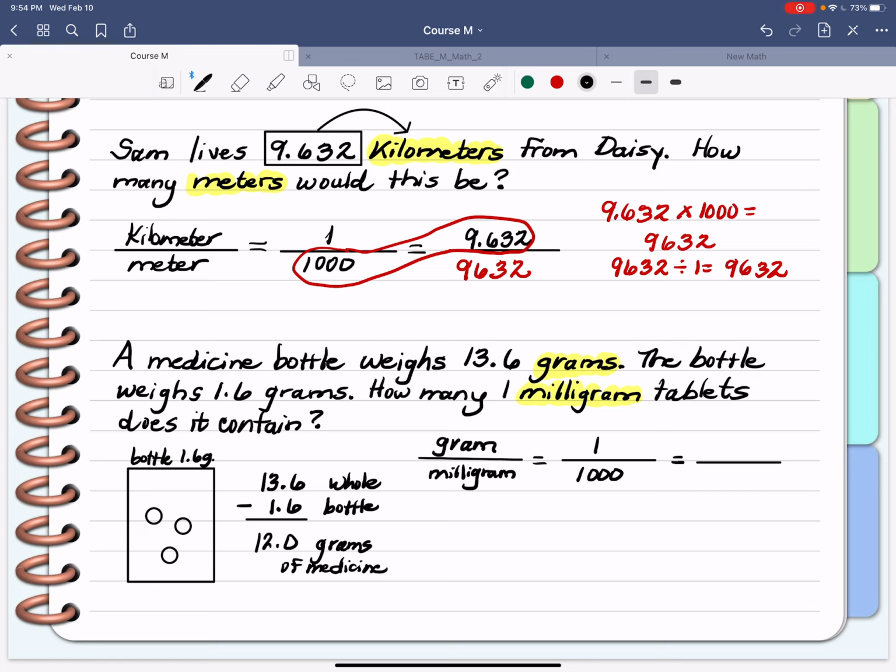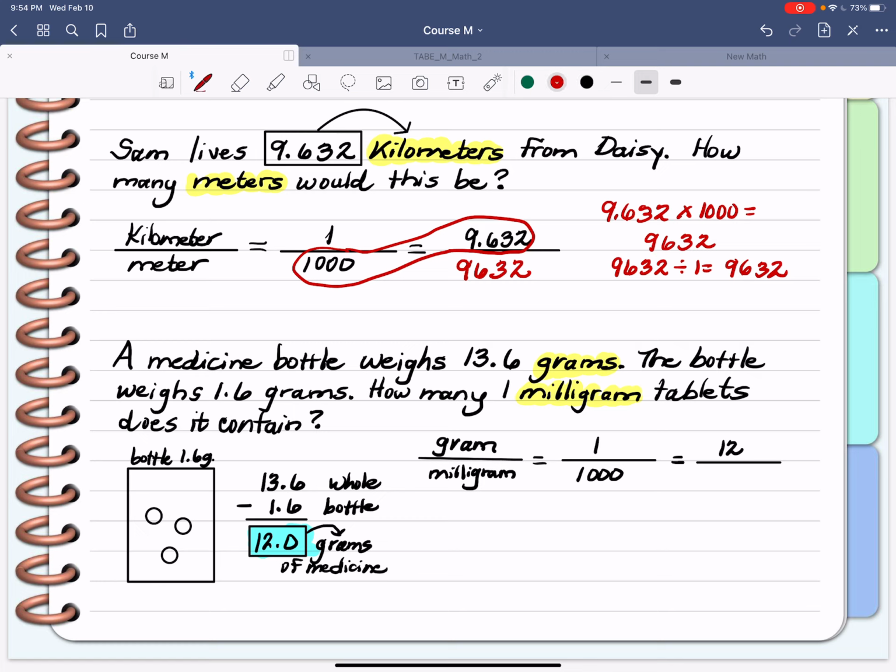And we have, where's your other number? Be careful. It's down here. This is the other number that I'm looking for right here. Because we don't want to count the weight of the bottle. We want to count the weight of the medicine. And it is 12 grams. Or you can put 12.0 if you want to. That's fine. Won't change a thing.